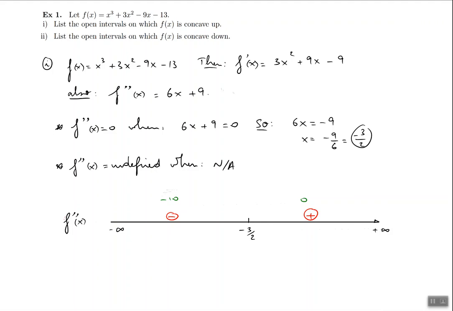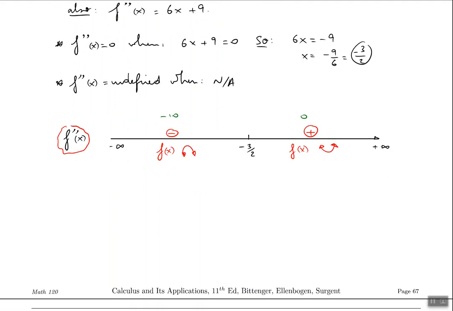This time, though, this is the second derivative. So when the second derivative is negative, that means the function f of x is concave down. I use the double arrow like an N shape to refer to concave down. And since the second derivative is positive, that tells me the function f of x is concave up. So again, I make a double arrow that looks like a U shape to remind me that this is concave up. Okay, so at this point, we are basically finished.